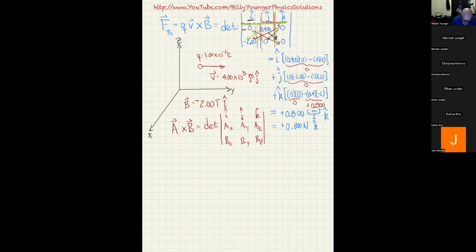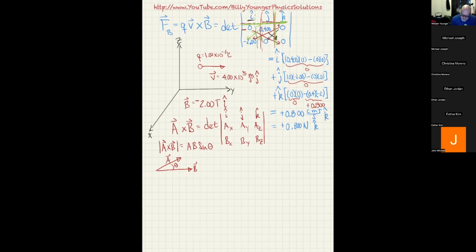And here's another one that you might not recall: the magnitude of A cross B, remember that's a vector, is just the magnitude of A times the magnitude of B times the sine of the angle theta. If you put the vector A and the vector B tail to tail, then theta is the smallest angle between them. So the fact that the angle between V and B was 90 degrees is why I knew I could just do Q times V times B, because sine of 90 is 1.